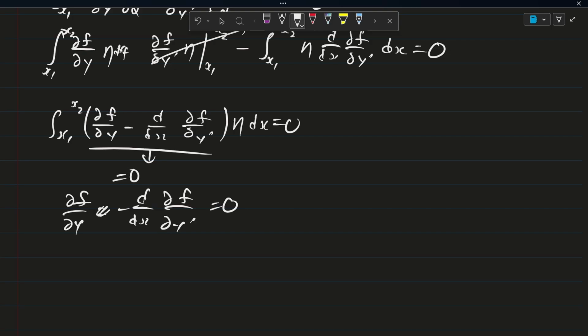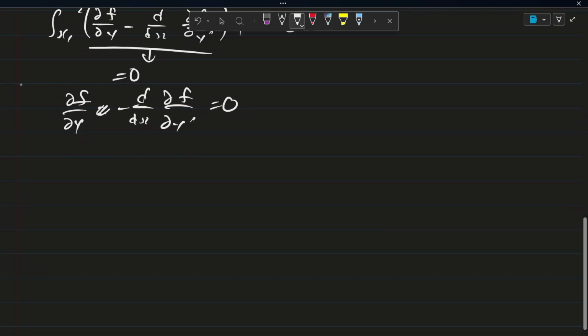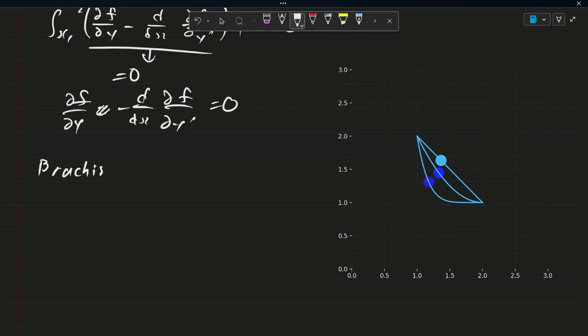So you just need to solve this problem and you can get a solution which is either a local minima or a local maxima. By only using this equation, we can actually solve lots of different types of problems. One of them is the brachistochrone.